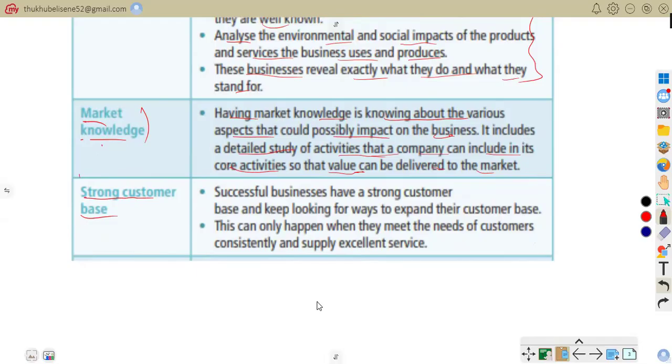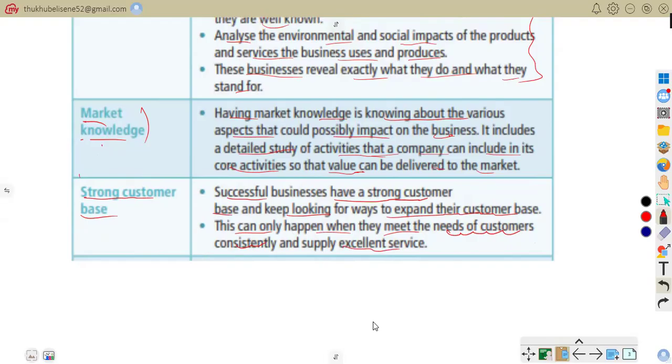Strong customer base. As it says, successful businesses have a strong customer base and keep looking for ways to expand their customer base. This can only happen when they meet the needs of customers consistently and supply excellent service.